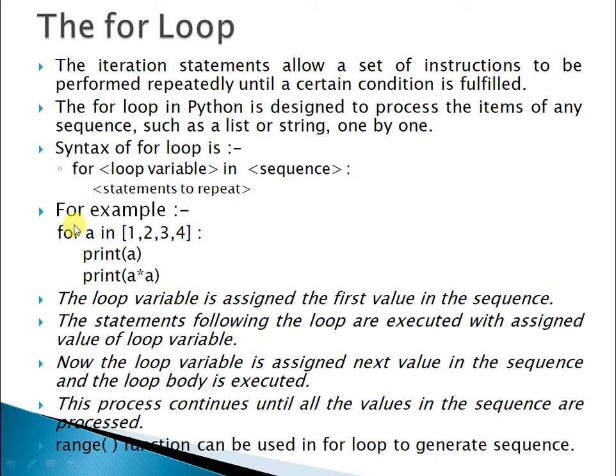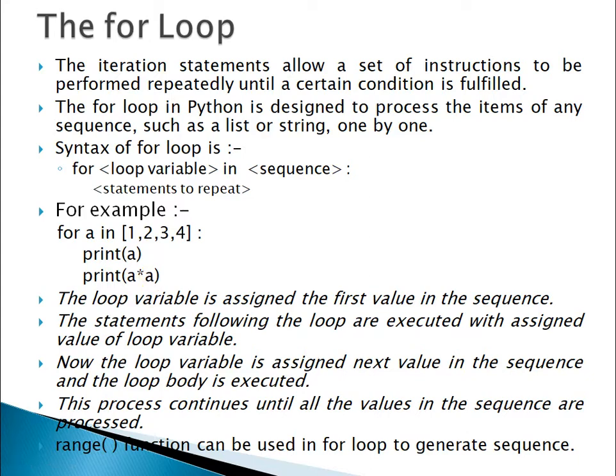So let us see an example. For a in, this is a list 1, 2, 3, 4, colon, after pressing enter there will be 4 spaces as indentation. Then you have to print a, and then you have to print a square, a into a.